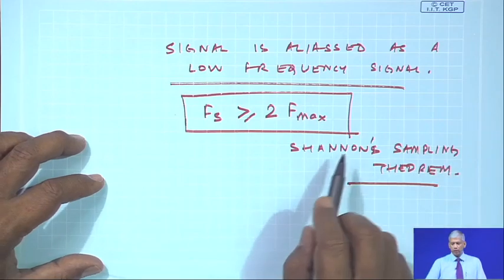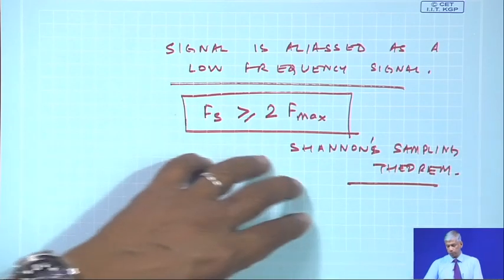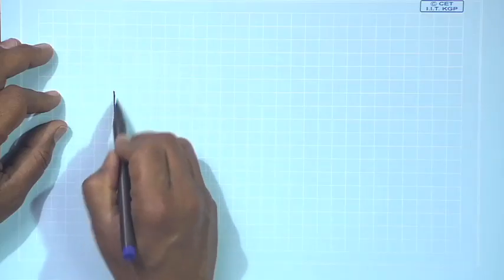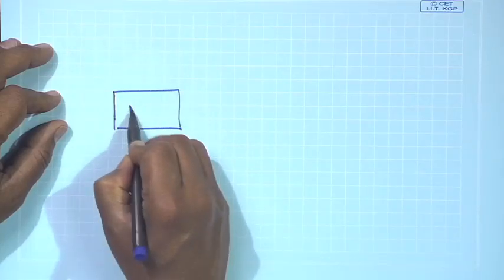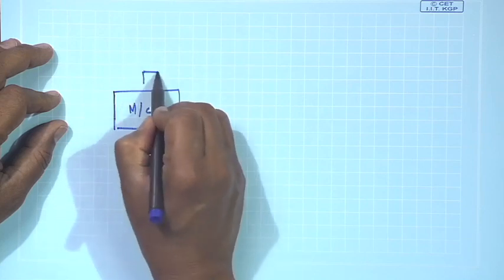So, to prevent signal aliasing, we have to do this, but the question is, many times in these A to D devices, I have my machine here and I have a transducer.